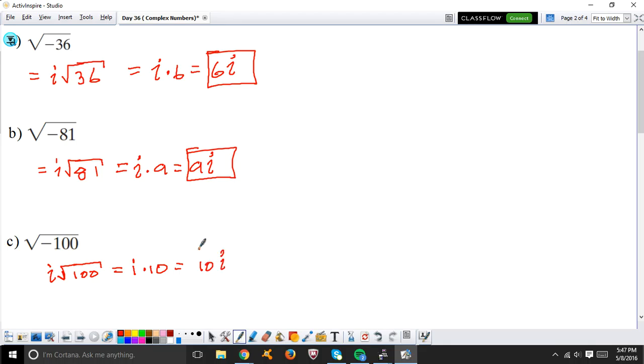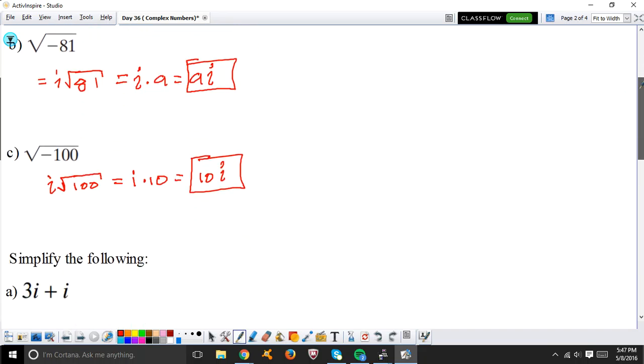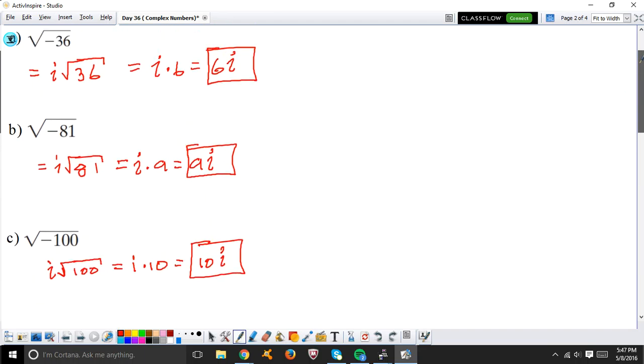We usually put the i after the number. It's just convention. So if you take the square root of a negative number, it's a positive number itself, but we just have to put an i on it to indicate that it was an imaginary number or the square root of a negative number.